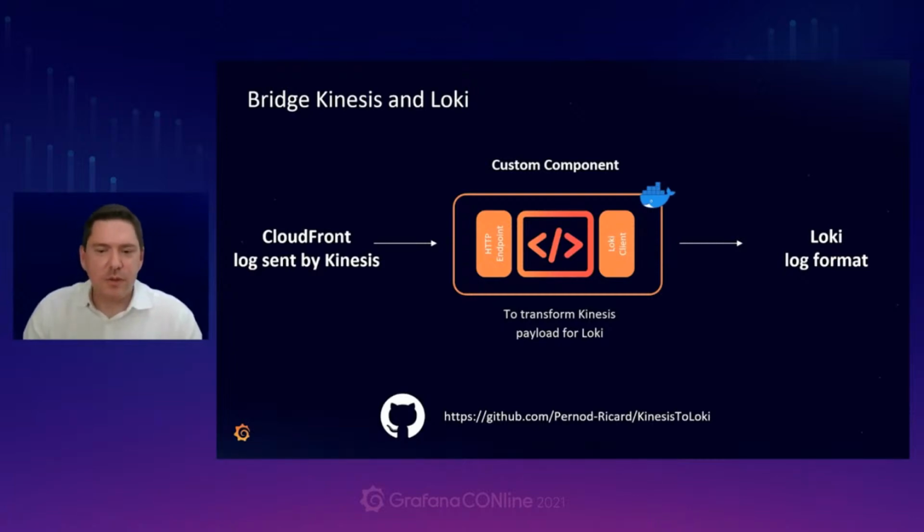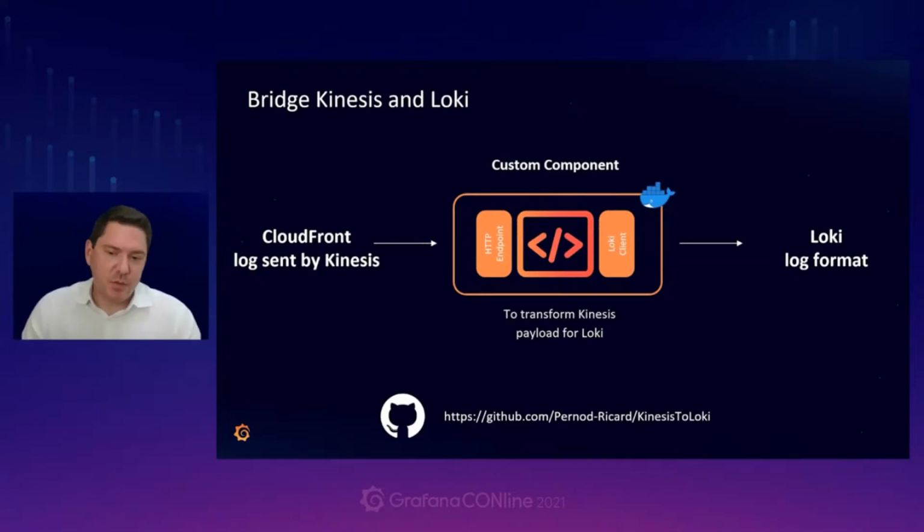What this component does is simple. Since Kinesis is capable of streaming its data to any HTTP endpoint in a specific format, we have set up such an endpoint to receive the traffic. We then transform the payload, which is Kinesis specific, into a payload that Loki will accept.